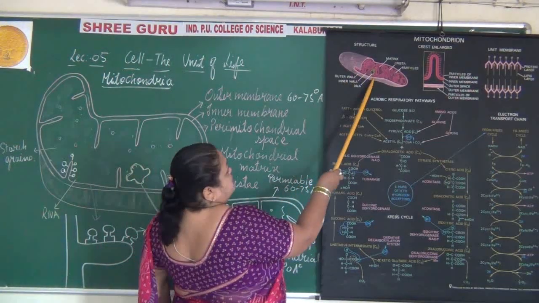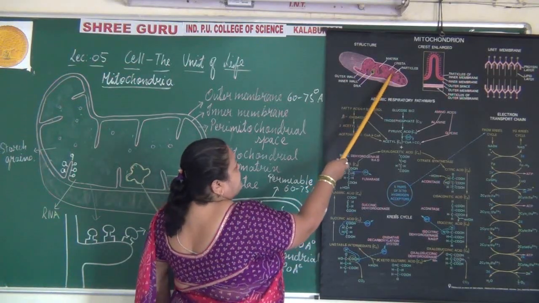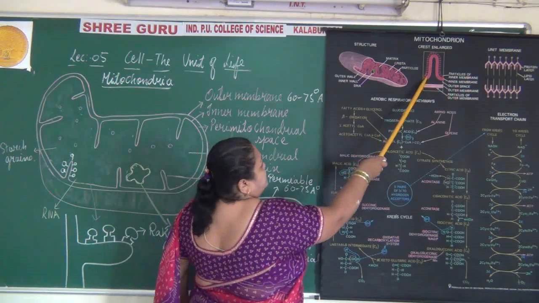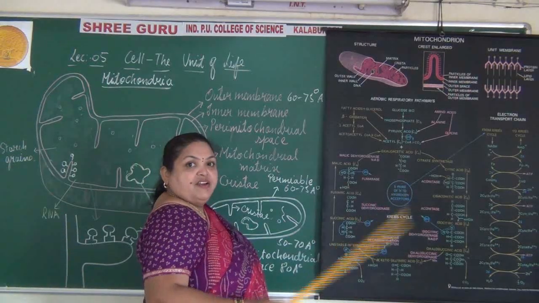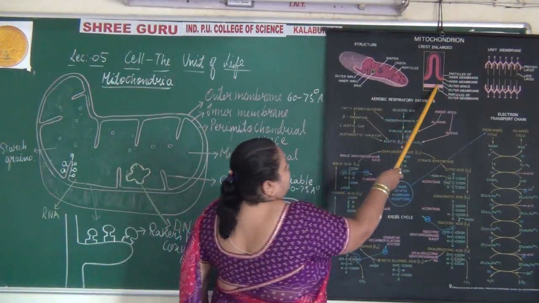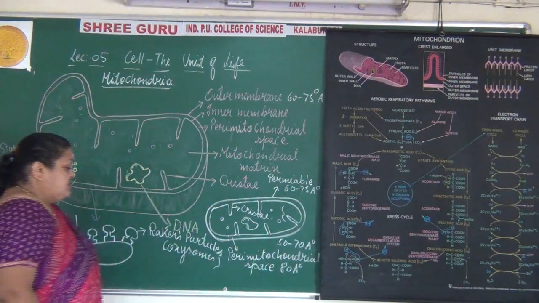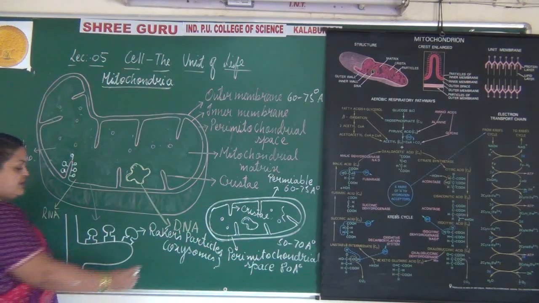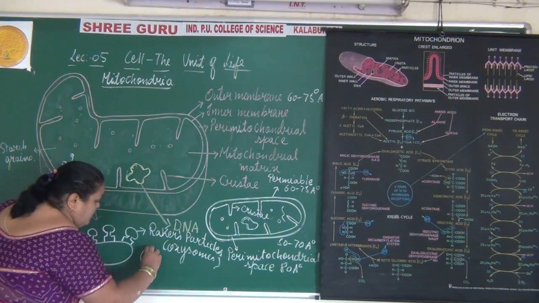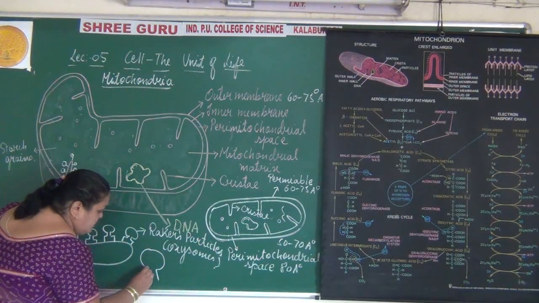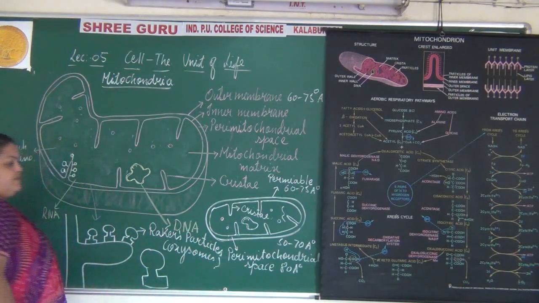If you observe here: outer layer, inner layer, DNA, crista. Each crista has knob-like particles. The inner membrane has cristae, and the cristae are studded with knob-like particles known as Racker particles or oxysomes. Further, each oxysome showed the following parts.